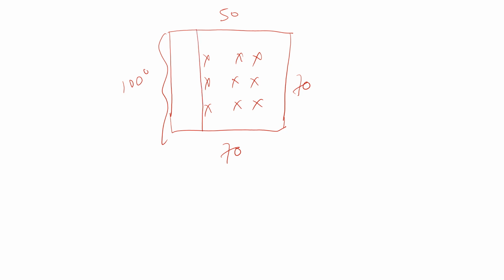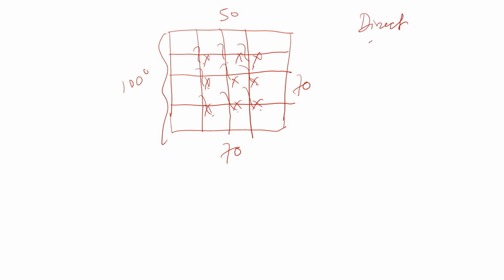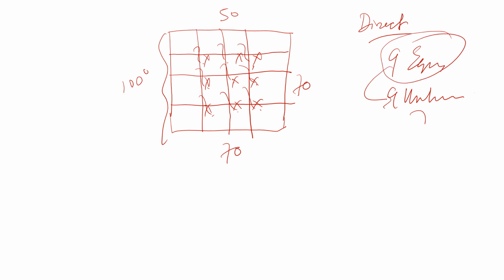And we have divided it into 16 segments of equal dimension, where x and y are 1 meter. So we want to know what is this, this, this. In the direct method, we have found 9 equations with 9 unknowns, and when you solve these 9 equations, you will get the values of the 9 unknowns.